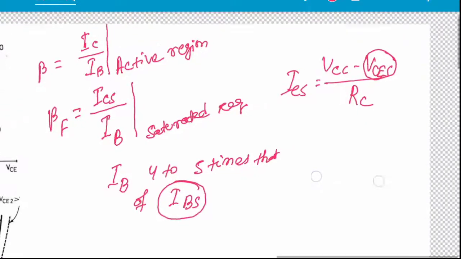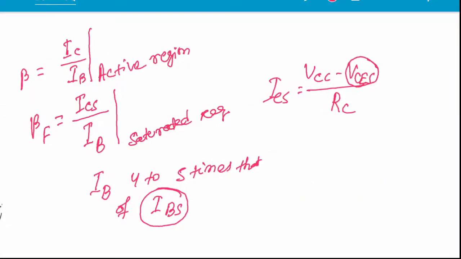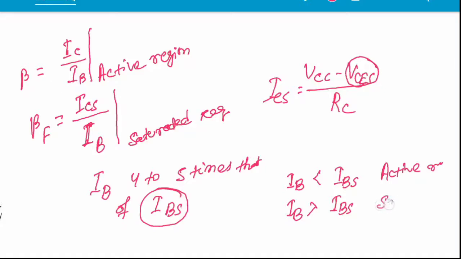So here IB, that is base current, is 4 to 5 times greater than that used in the active region, because if IB is smaller than IBS, then the BJT acts in the active region, whereas if IB is greater than IBS, it will act in the saturation region.